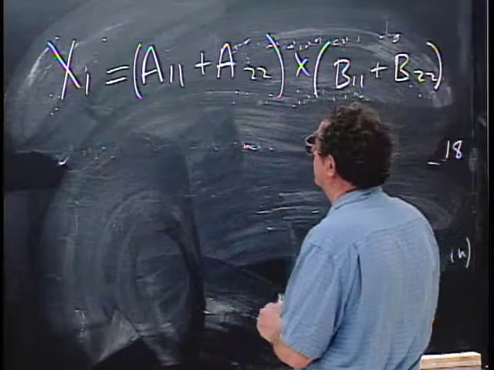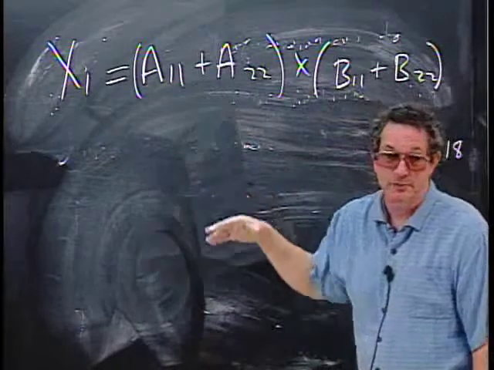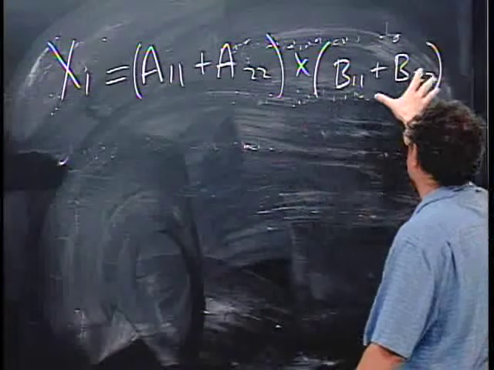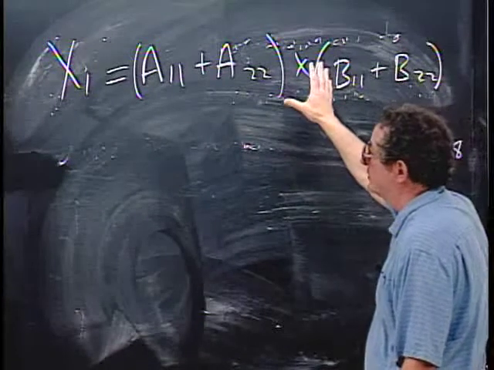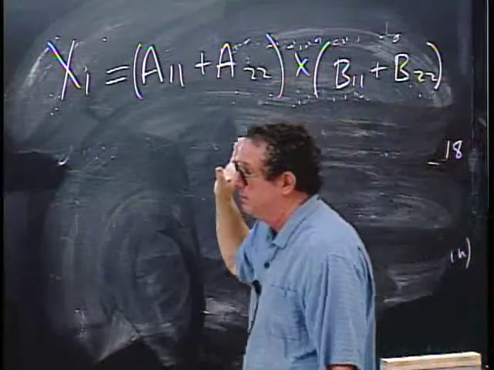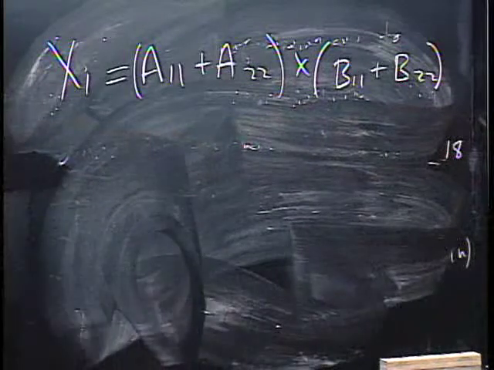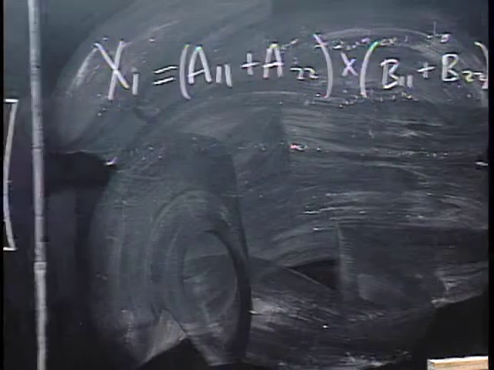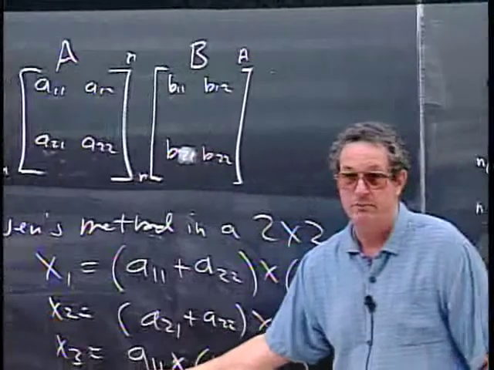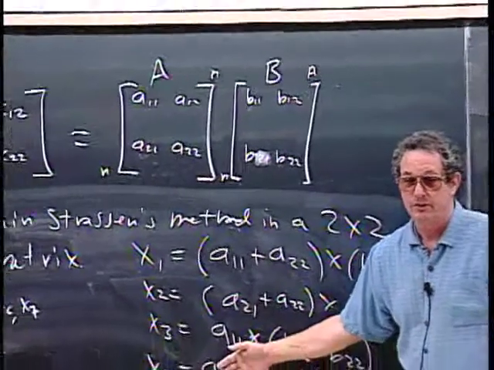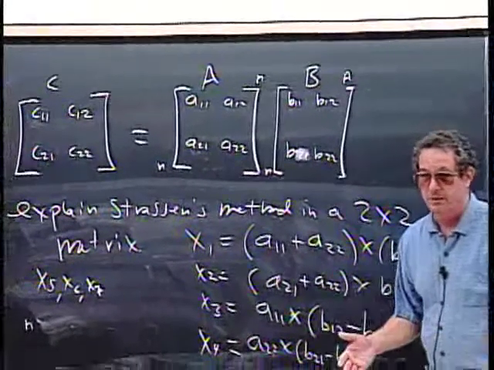Okay? So this is an addition of matrices, and we know what that means. This is addition of matrices, this is multiplication of matrices, and so on. And we can use exactly the same ideas that Strassen used in talking about 2 by 2 multiplication. We can use those for n by n multiplication.